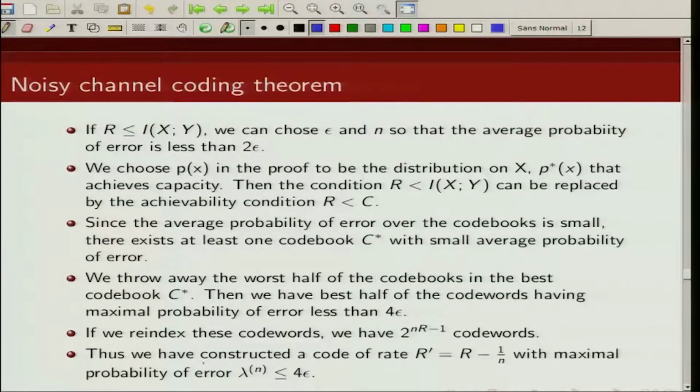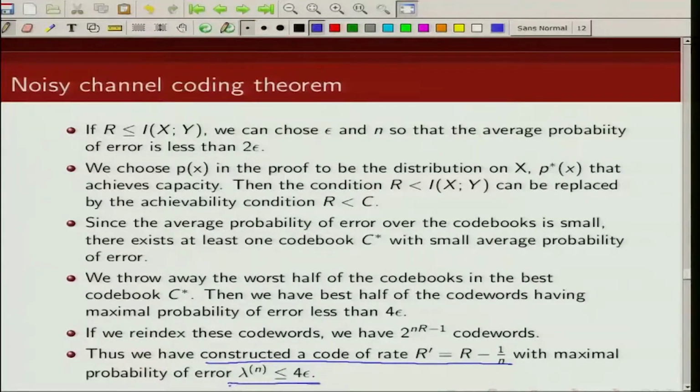So now we have constructed a code with rate, I am calling it R dash, which is R minus 1 by n, whose maximal probability of error is less than 4 times epsilon. So if n is very large, there is hardly any rate loss, and you can see the maximal probability of error goes to 0 as n is large, because the maximal error probability is upper bounded by 4 times epsilon.